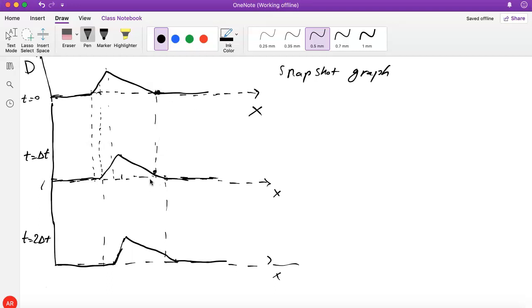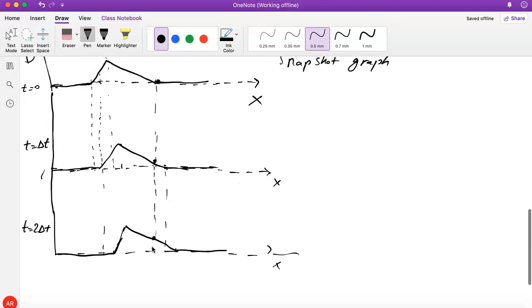If you draw that vertical line, how is it behaving? So let's say at t equals 0, what is the height at that point in space? Suppose I'm focusing on this particular x right here.